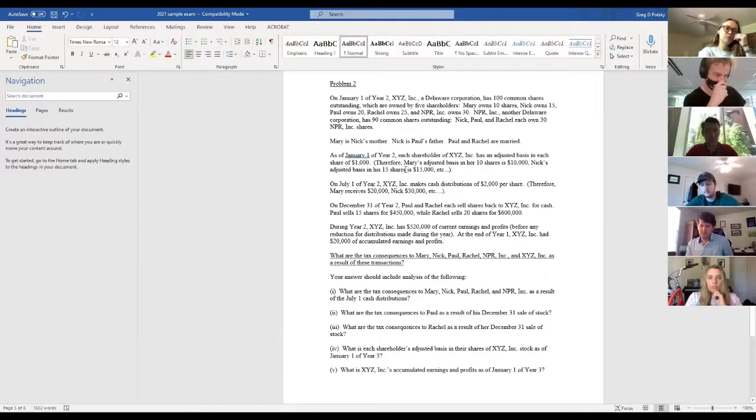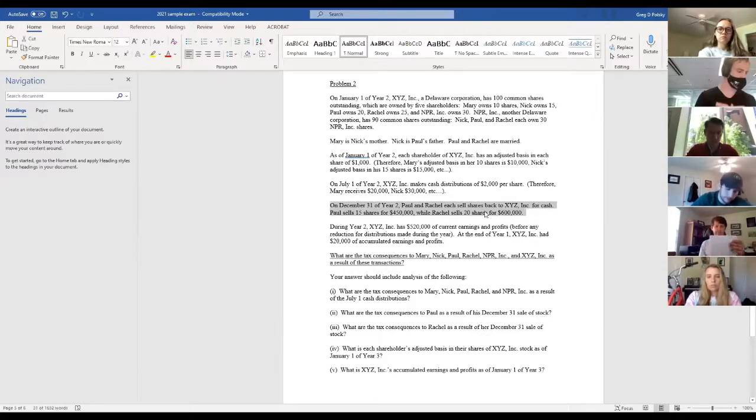But we have distributions made during the year, and we've got redemptions down here. And then we've got E&P, and we're going to see there's just insufficient E&P to cover all the distributions. The first thing we really need to do is figure out whether these redemptions at the end of the year are going to qualify as sales or exchanges, or instead be treated as distributions.